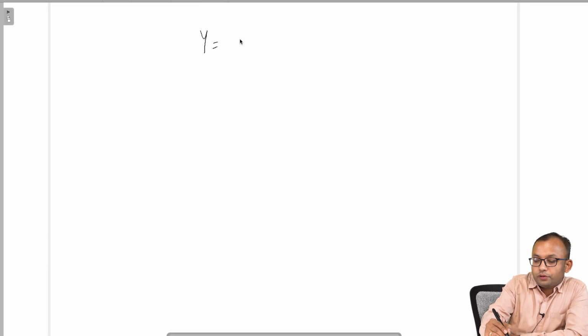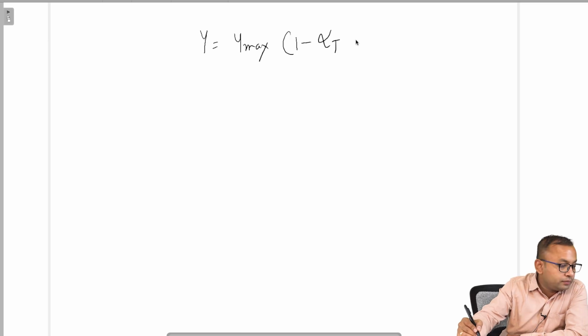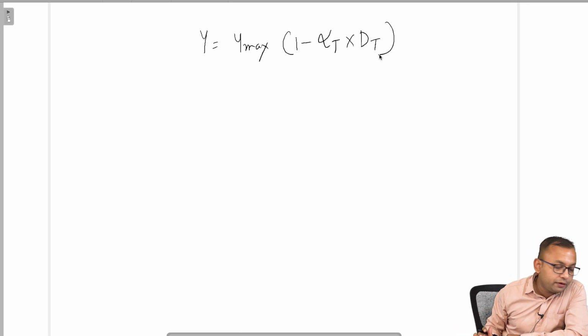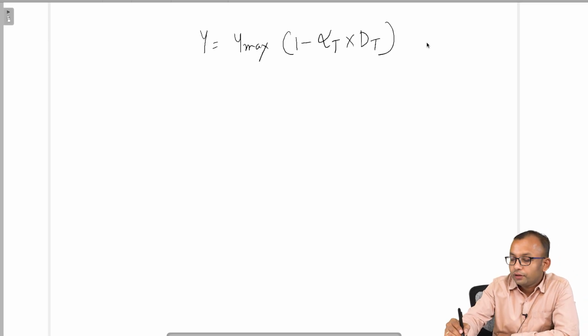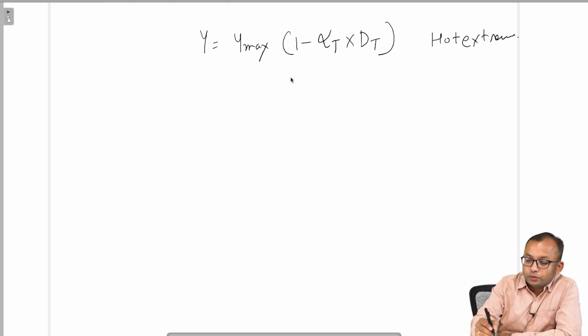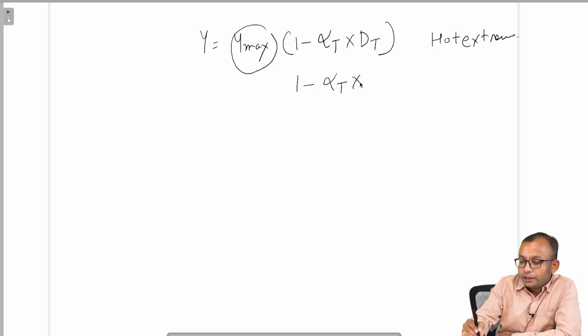let us say y is equal to y max, 1 minus alpha t, so multiplied by, let us say, dt. This is a one parametric equation. Let us say we can consider for only for hot extremes. Okay. So here if you understand, this is a constant value, 1 minus alpha t multiplied by dt.